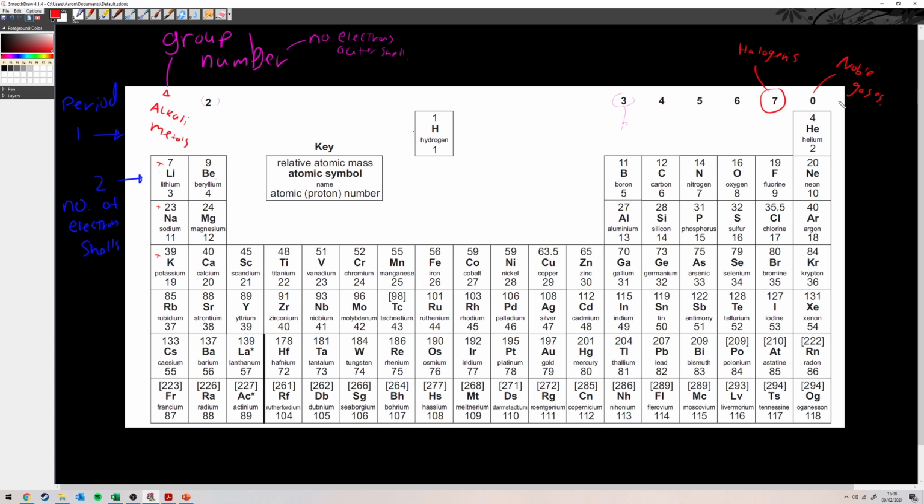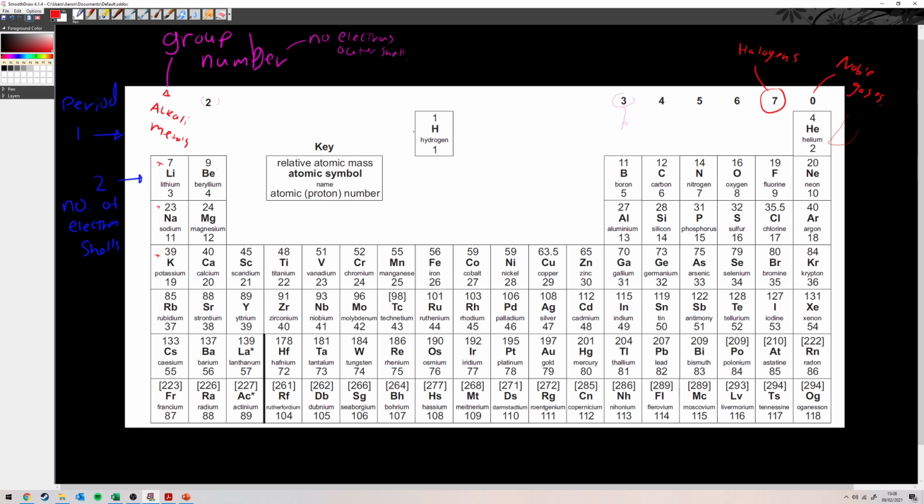So these, 0, it just means there is a full outer shell. They used to be called group 8. They changed that because helium does not have 8 electrons in its outer shell, but we'll get to that later. So group 0 all have full outer shells.